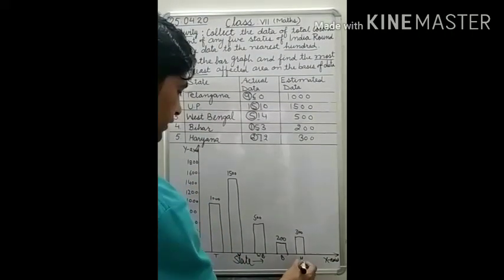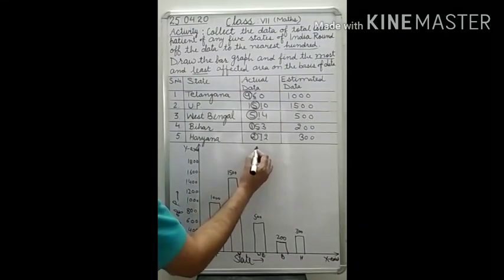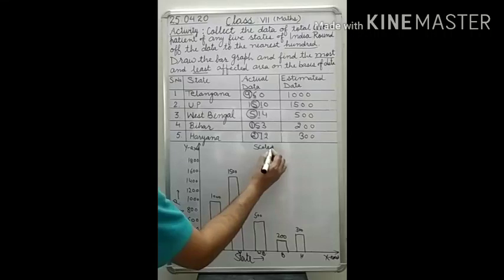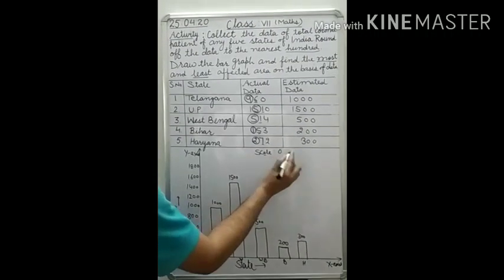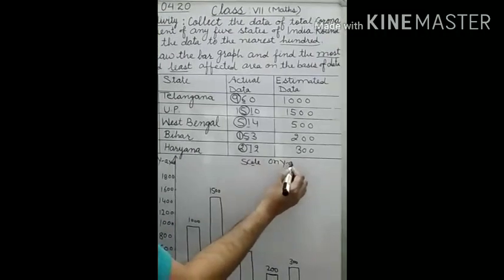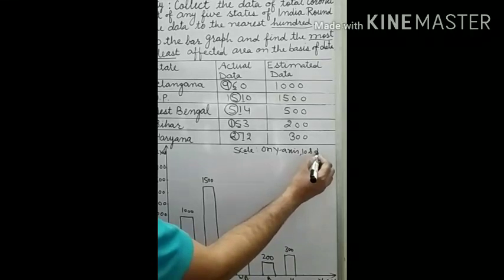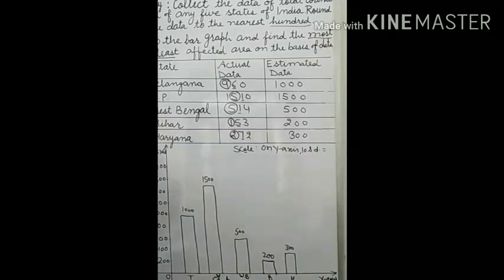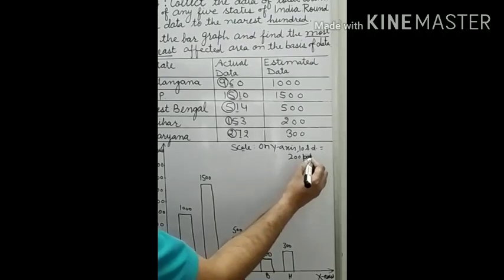It is for Haryana. Here we will represent the scale. We write on the y-axis: 10 small divisions are equal to what? Equal to 200 patients.